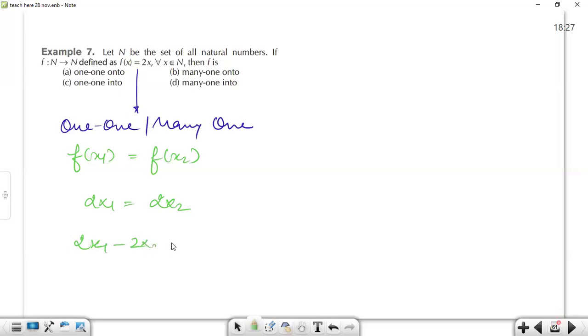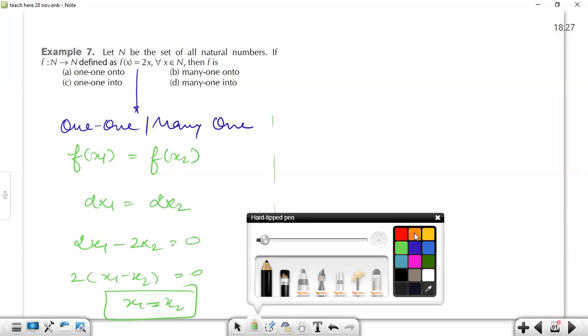Bringing this to the left hand side, taking 2 common, x1 minus x2 is equal to 0, so x1 is equal to x2. This is the only condition which has to be true, because 2 cannot be 0. That's why this has to be 0 to make the right hand side 0. Clear?